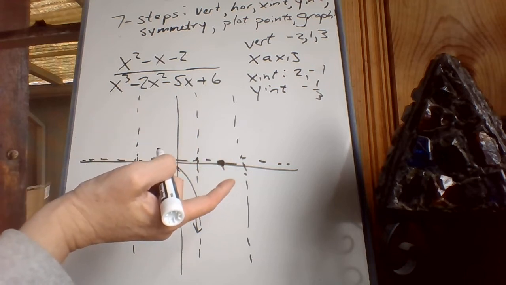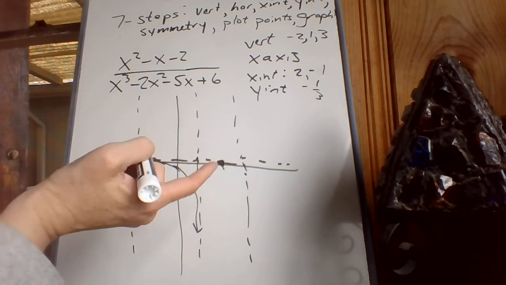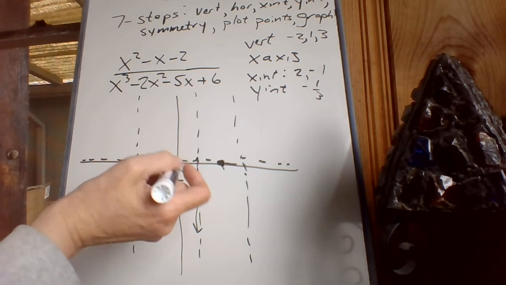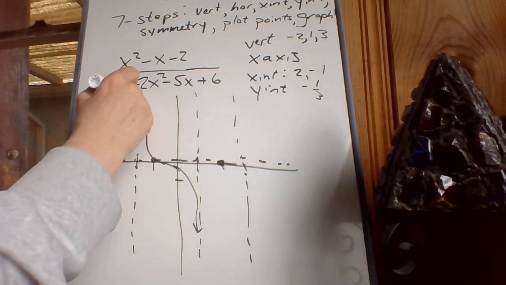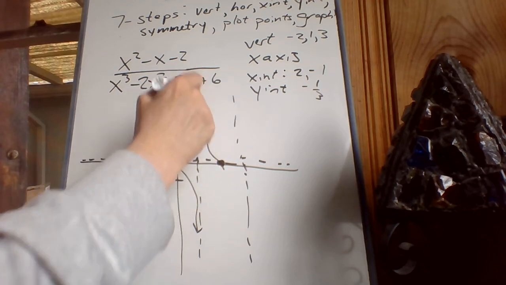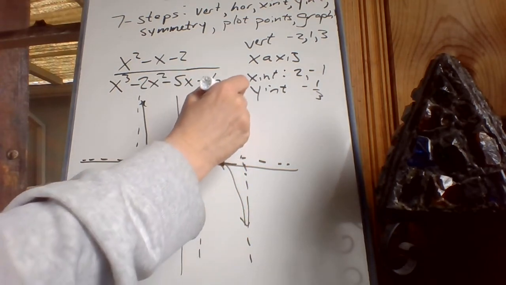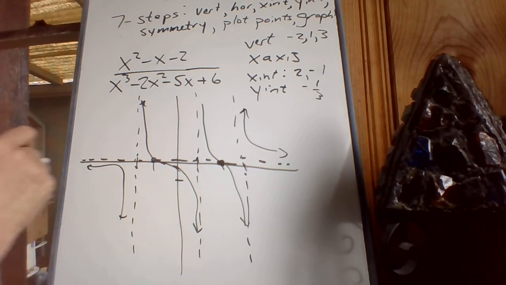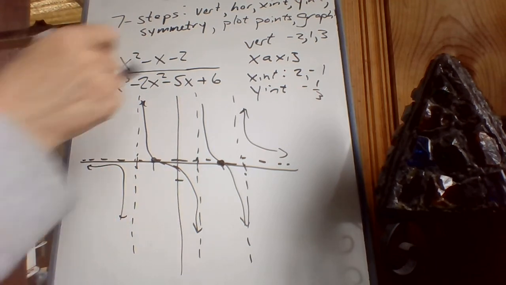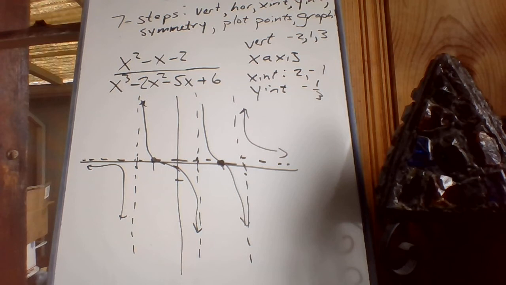But you're not going to need that part, because you can already look at it in your calculator. But because everything's multiplicity 1, it's got to cross and cross. So it looks like that. Okay, but once you get these 4 steps in, basically you use those as sort of scaffolding and then use your calculator to fill in the rest.